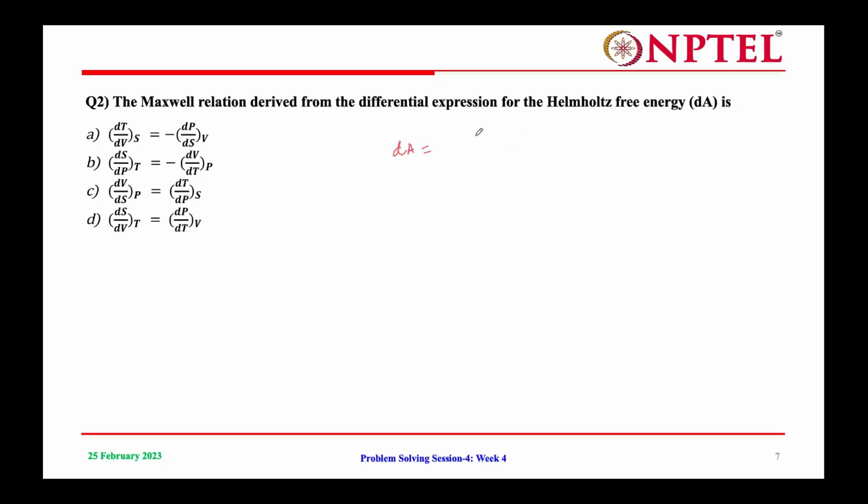So option D, one minute. dA is equal to minus P dV minus S dT, right? So dP by dT at constant V is equal to dS by dV at constant T, right?